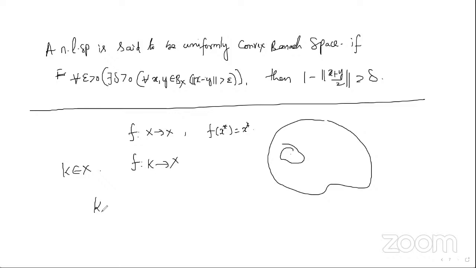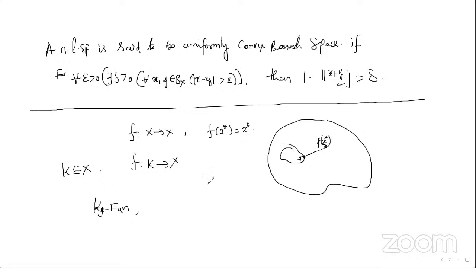In this case, Ky Fan proved that we may not expect a fixed point, but we can expect a point nearer to K. Suppose we can expect x star such that the distance between x star and f of x star is minimum.